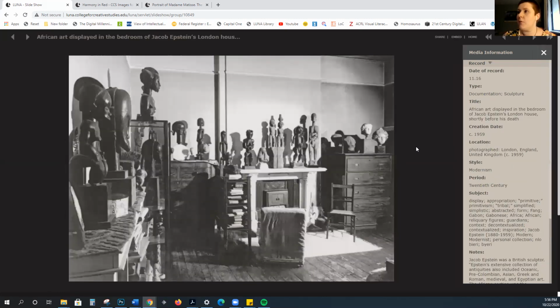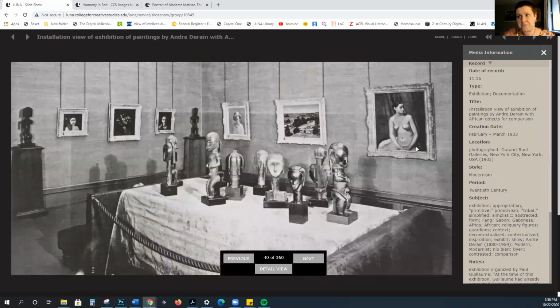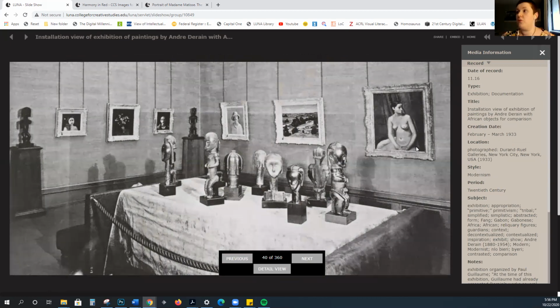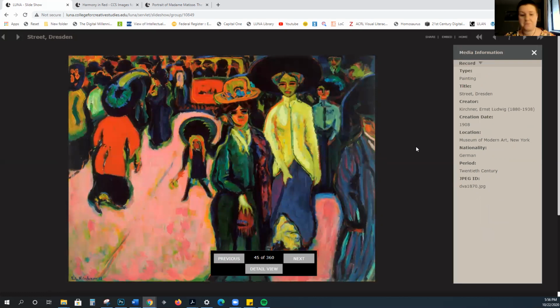One last thing that I wanted to point out, and my apologies, these figures would have been attached to the reliquary bundles, like I mentioned, but there is zero interest in the West in the reliquary bundles at the time, because all that is interesting to collectors is the form of these objects. And so these objects are completely decontextualized and presented for visual pleasure in the West.